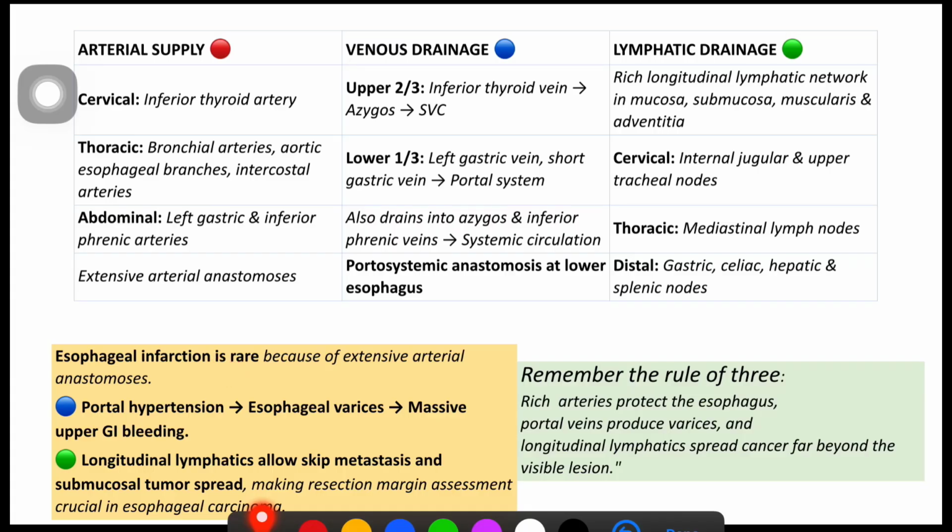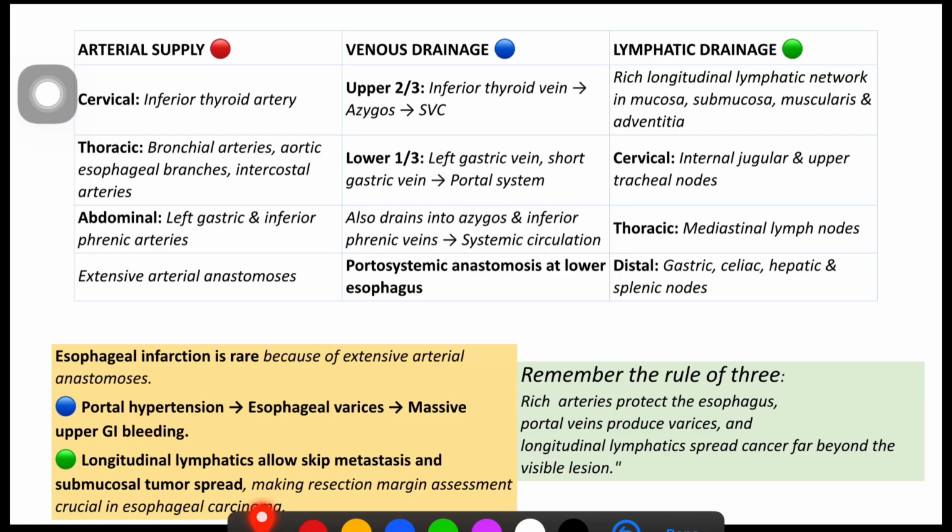And for venous drainage, the upper 2/3 and lower 1/3 have different systems, and portosystemic anastomosis at the lower esophagus is there. So when portal hypertension is there, it causes esophageal varices and massive upper GI bleeding.